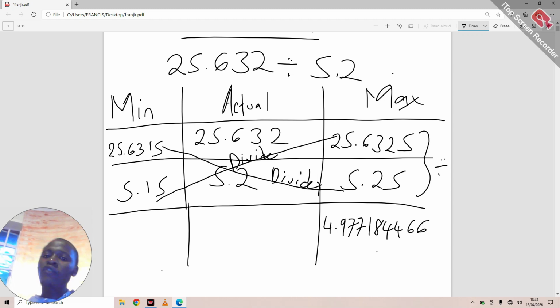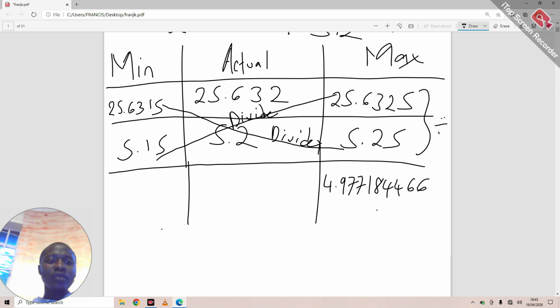If you want to get the minimum division, then you crisscross. Then you take 25.6315 divided by 5.25. That one you are getting the minimum division. So we are having 4.882190476.